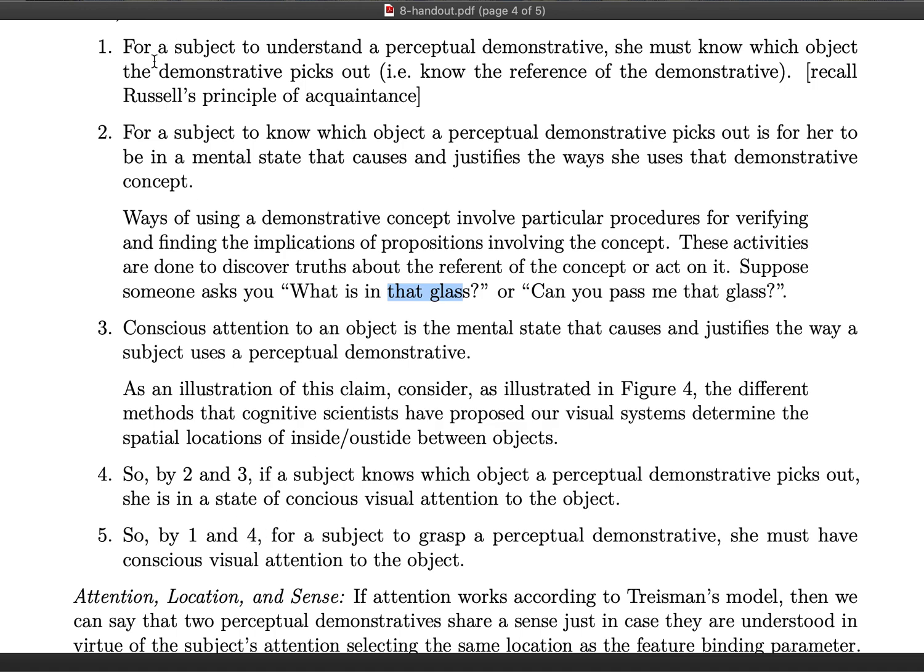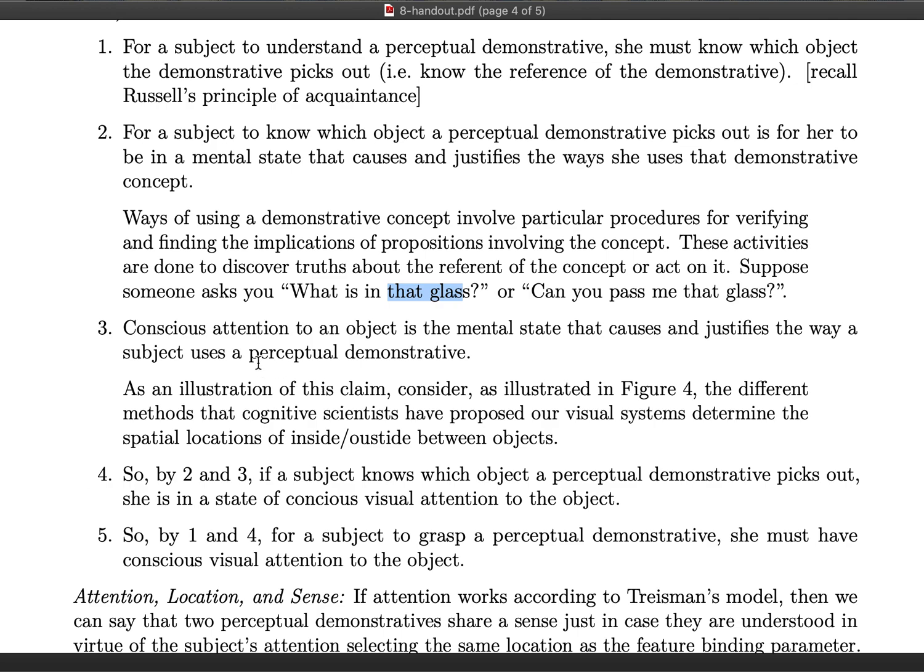Putting together that premise with the fourth subconclusion, we get the conclusion that for a subject to grasp a perceptual demonstrative, she must have conscious visual attention to the object. And this is the core of Campbell's view, and I have just given you the master argument for the view.